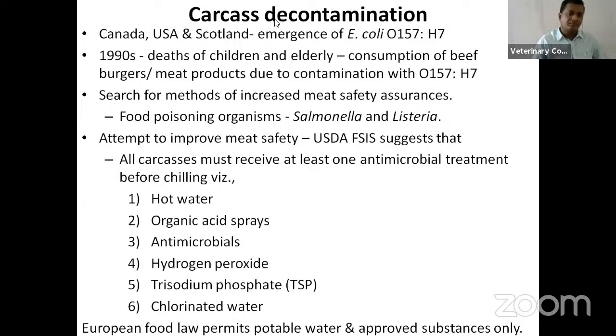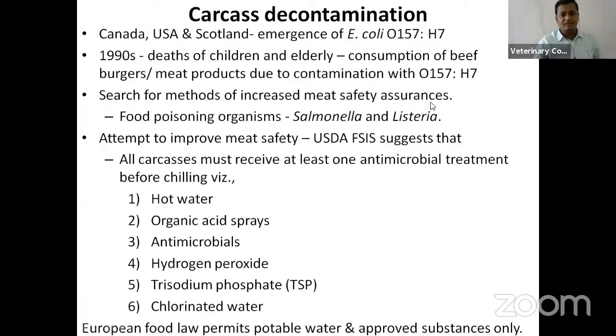This concept of carcass decontamination started somewhere in Canada, USA, and Scotland, because there was an emergence of E. coli O157:H7 due to beef. In the 1990s there were large mortalities, especially among children and elderly people, due to consumption of contaminated beef, particularly burgers and other meat products, due to this serotype E. coli O157:H7. That triggered the usage of this technique.